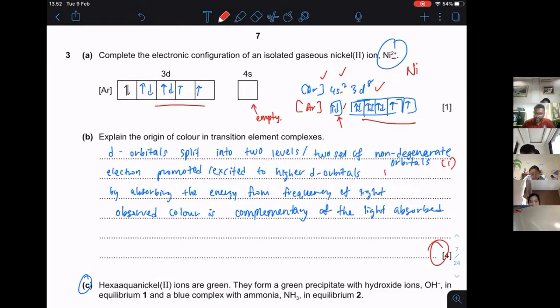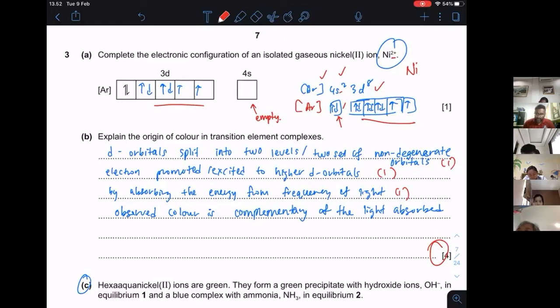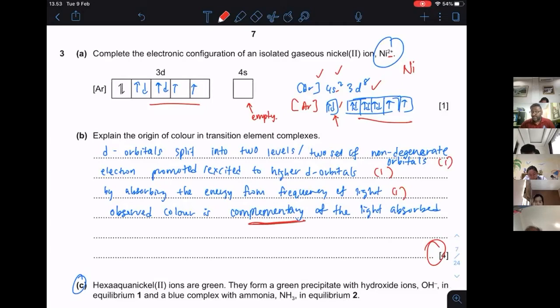So that's going to be 1 more mark. How? They are going to absorb the energy from the frequency of visible light. So just now I already mentioned this. 1 more mark. And once it is absorbed, the color that you see, the observed color, is complementary to the light absorbed. So whatever energy is absorbed, what we see is complementary to that. So the term complementary is important. That is going to be another 1 mark.